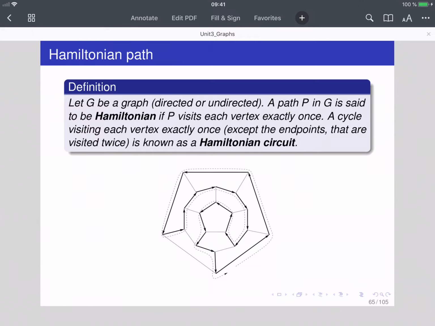This is what we call a Hamiltonian circuit or a Hamiltonian cycle. In general, if we have a path that uses all the vertices once and only once, then we call that a Hamiltonian path. So you may think that this might be similar to the problem of finding a path that uses all the edges once and only once. But the situation is much more complicated.